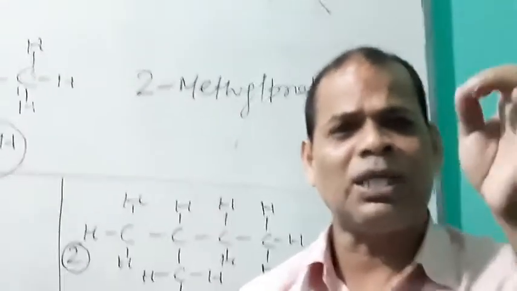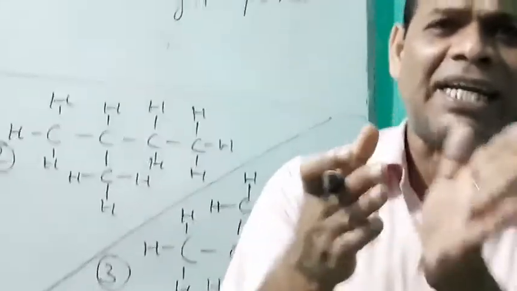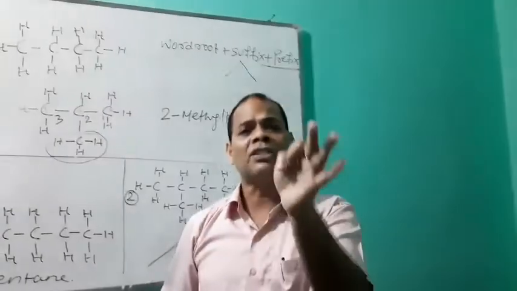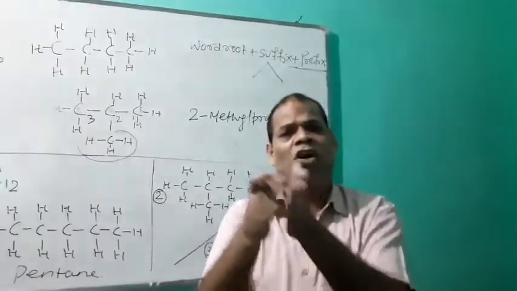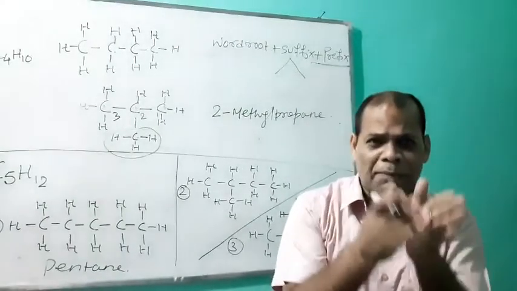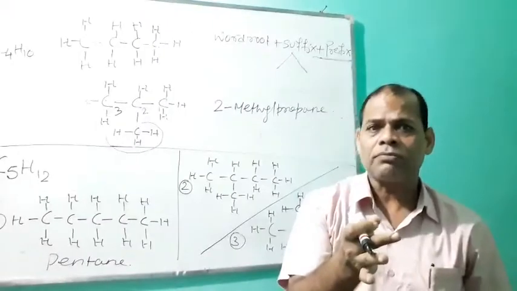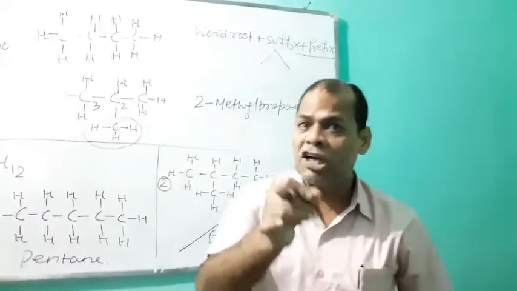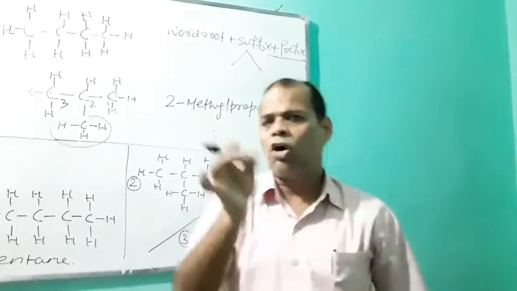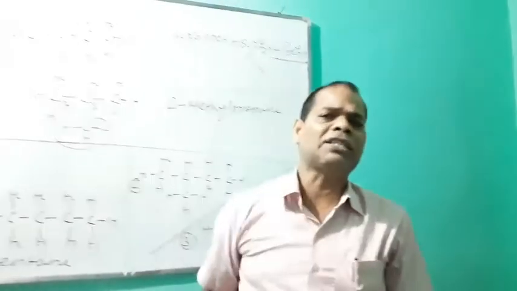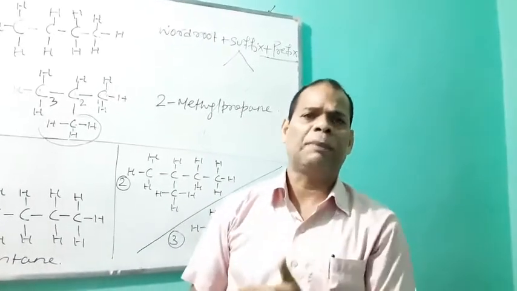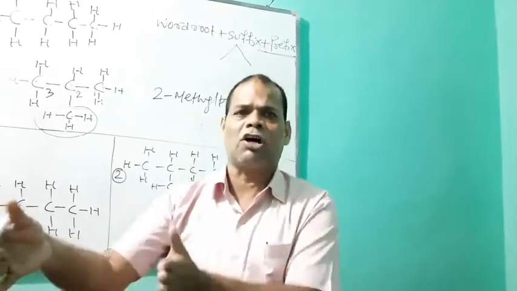The primary suffix gives the nature of linkage, whether it is a single bond, double bond or triple bond. The secondary suffix gives the indication of the functional group, if present in an organic compound. That we will talk about later on.